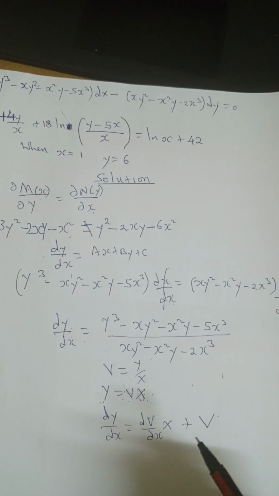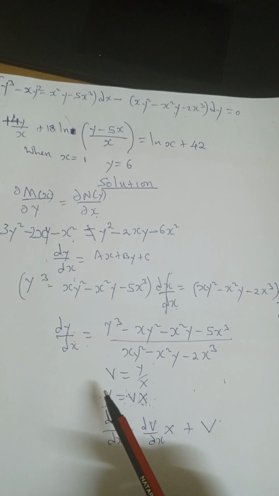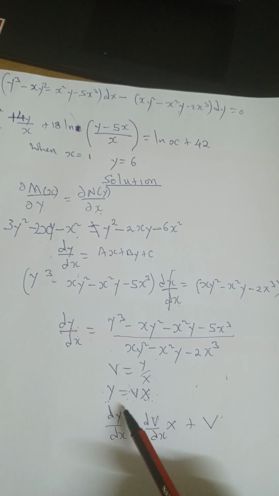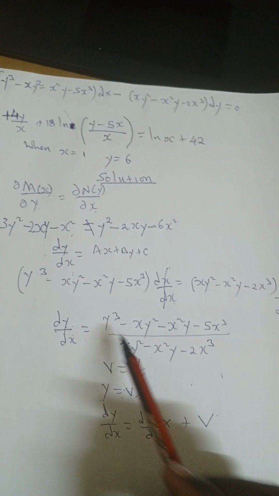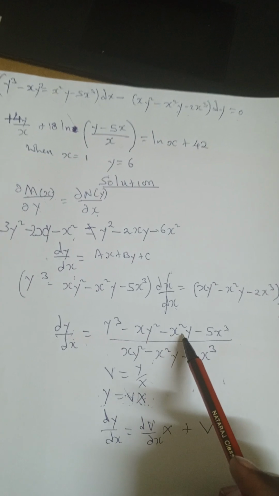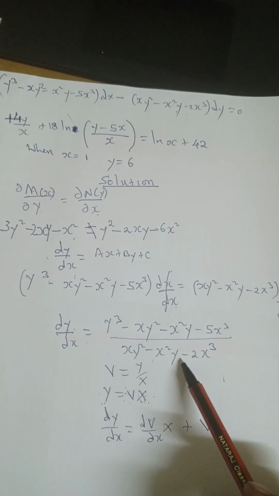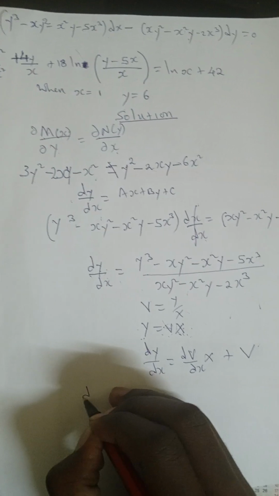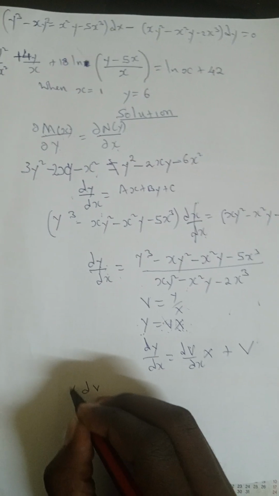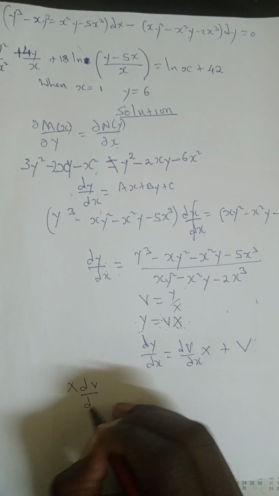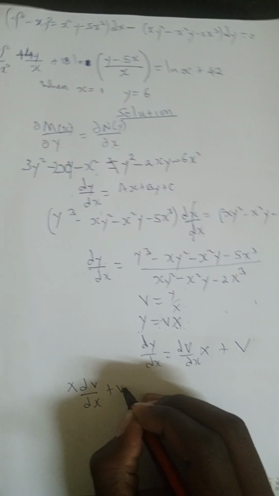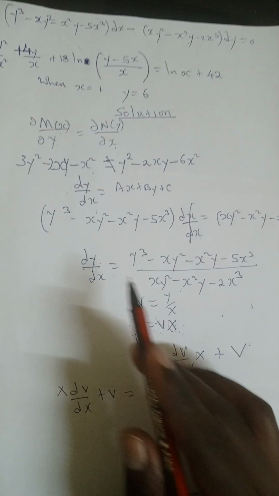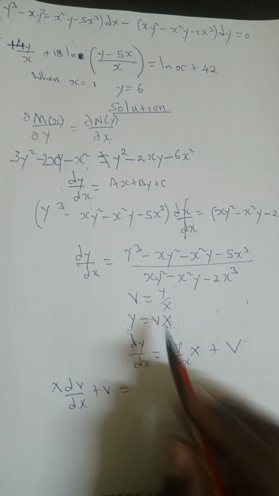as our new main function. Now look at this, y is equal to vx. So wherever you are seeing y here, we're going to replace it with vx. So let's write that next step. x dv/dx plus v is equal to, where there is y, I'm going to be putting vx.